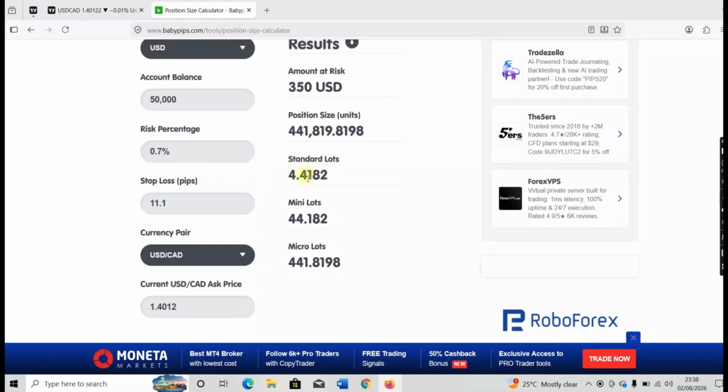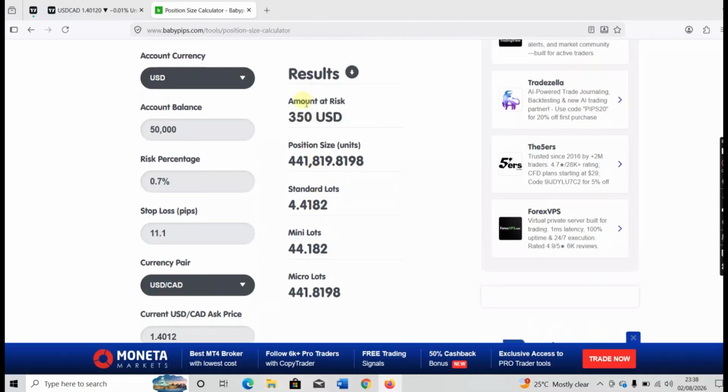So we are to use 4.4 standard lots. Please ignore these mini lots and micro lots, just standard lots. If we use 4.4 lots, the amount at risk would be $350, which is 0.7% of 50k.